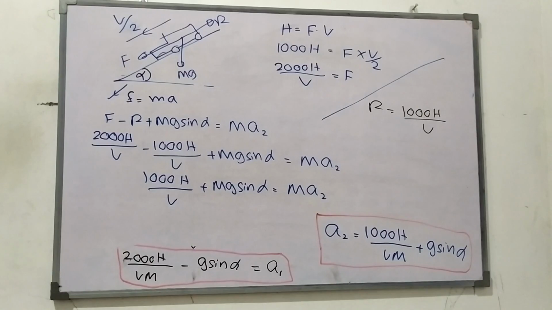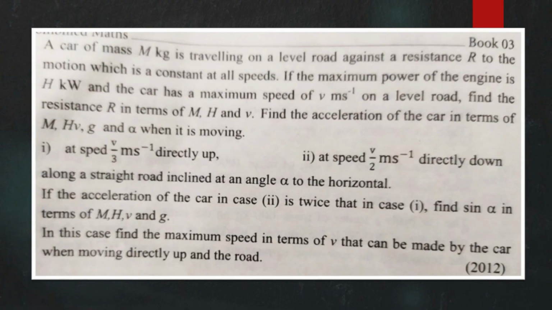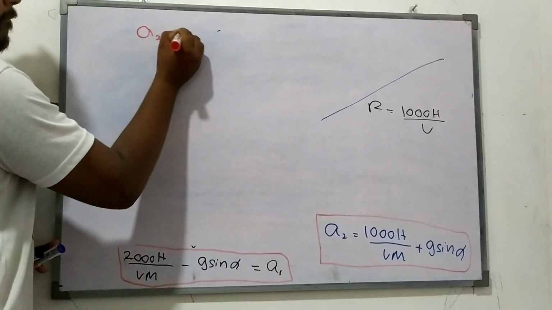Then after, along the straight road, if the acceleration of the car in case 2 is twice that in case number 1, find the sin alpha in terms of m, h, v, g. Then A2 will be 2A1.